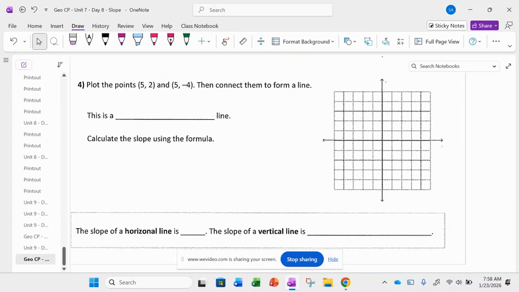Perfect. Perfect. If you need help, if you forgot how to plot points, just let me know.